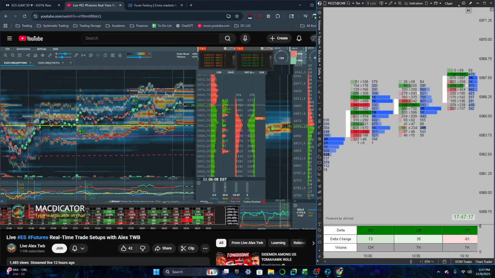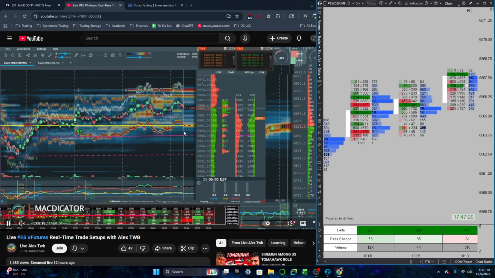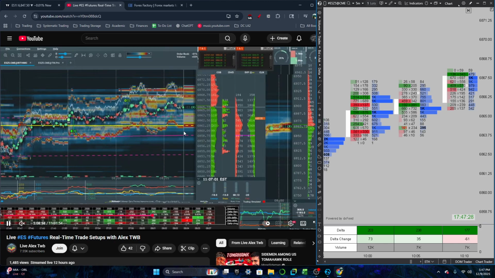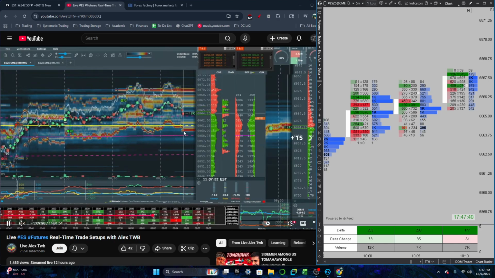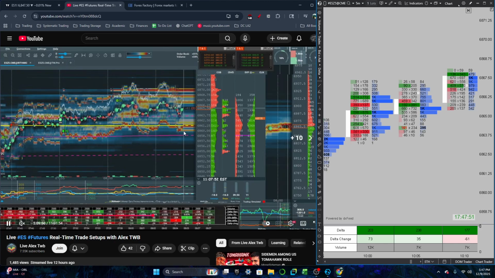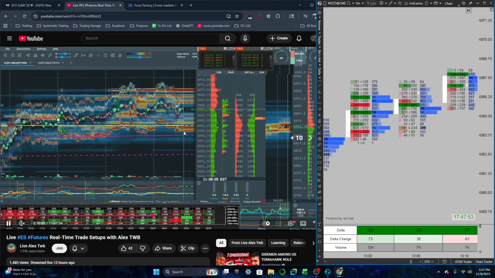Ooh, this might be a good play if we retrace down there. Don't really see anything I'm liking that crazy.